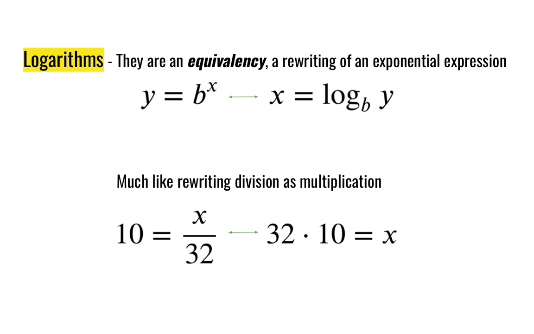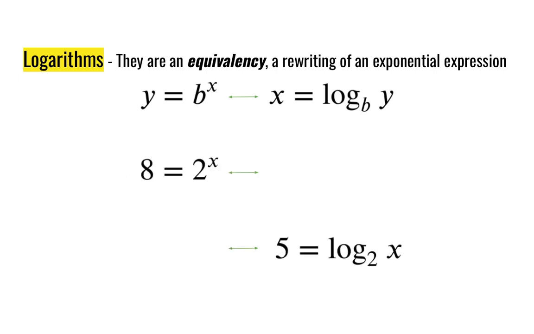Let me break this down a little bit more. I'm going to go through a couple rewritings with you, and then I'm going to show you a summary of what this means. So y right here is the 8, and we've got b is the 2 with the x as the exponent. I can rewrite this by saying, let's get that exponent out.